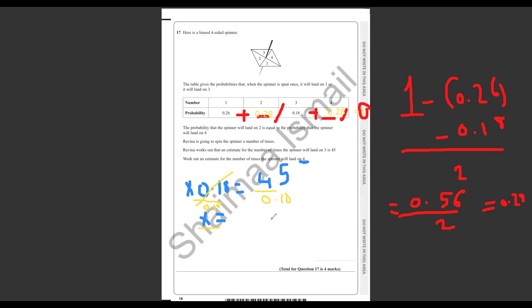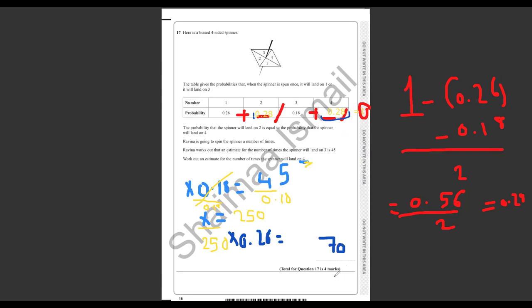So now x would be equal to 250. So we take this 250 and multiply it by the probability of 4, which equals 0.28. So here we say 250 multiplied by 0.28 gives us a final answer of 70.